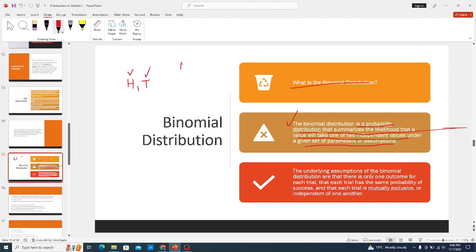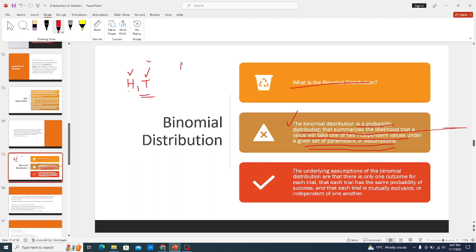So the binomial distribution gives us the likelihood that a trial will give us one of these two independent outcomes, under a given set of assumptions. Which are these underlying assumptions?